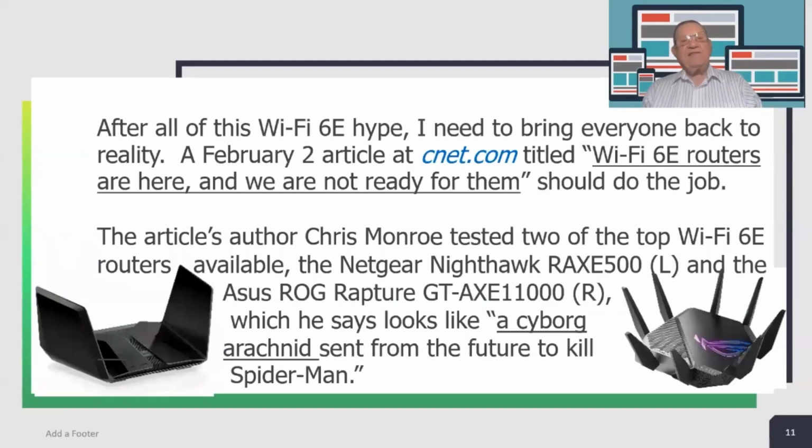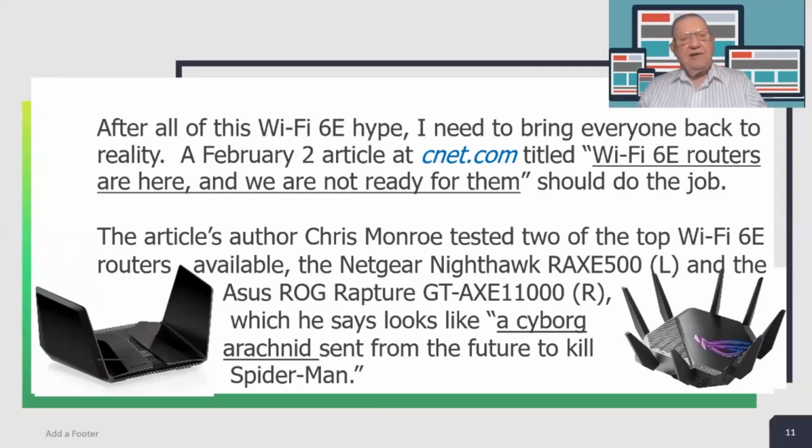After all this Wi-Fi 6 hype, I think I need to bring everyone back down to reality. A February 2nd article at CNET.com titled, "Wi-Fi 6E routers are here, and we are not ready for them." This article should do the job.